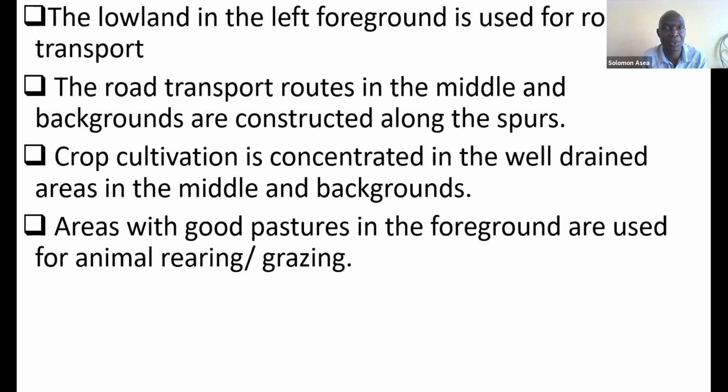So here we come out with crop cultivation concentrated in the well-drained areas, which are gently sloping or even steeply sloping. In the lowland areas, even drainage ditches have been constructed to direct away water.